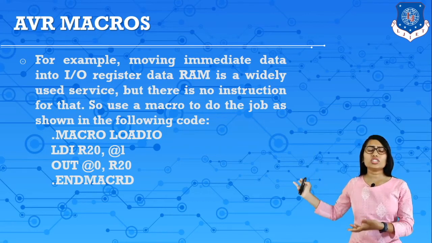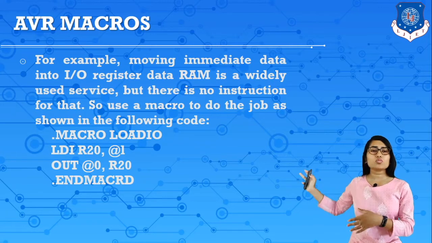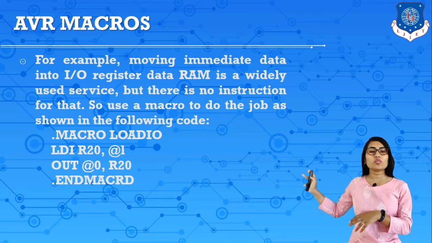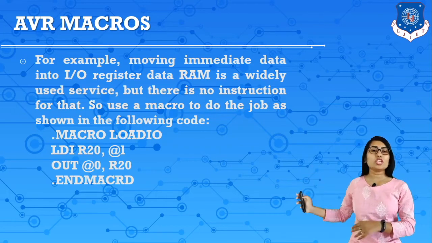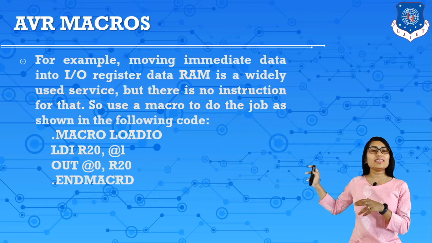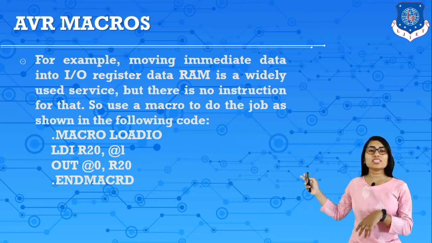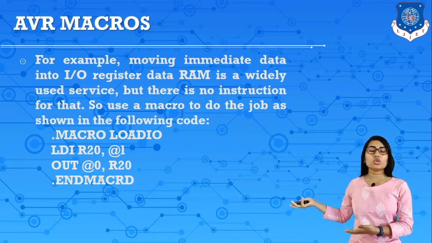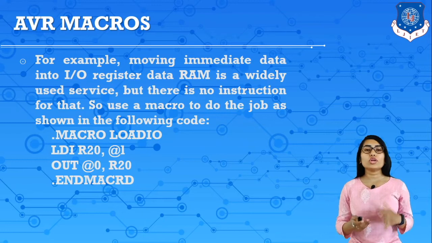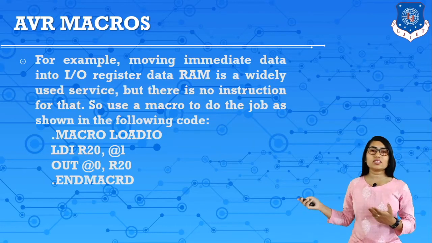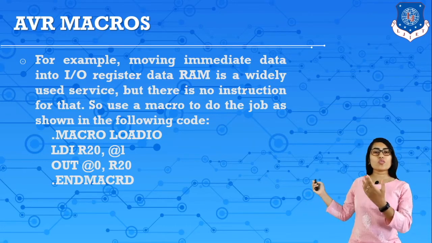This macro contains its body: LDI R20, @1; OUT @0, R20; and .endmacro. Here @1 and @0 denote the macro parameters. Whenever we want to send data to an input or output port, we use this kind of code. So this is how we can write a macro.